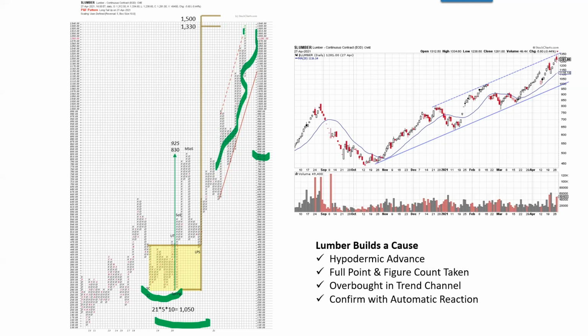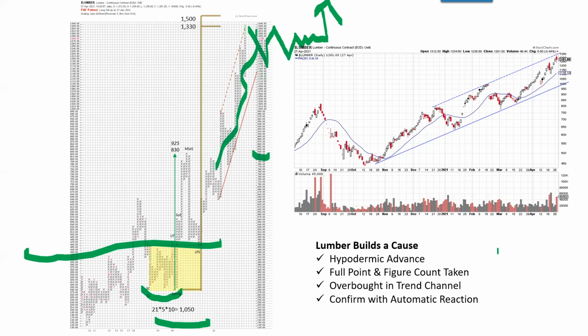Well, it might go down a little bit, but because we know we have a much bigger structure over here, it's possible that lumber will go into maybe a reaccumulation structure for another move up. And so we will be watching for that, but don't be surprised if lumber, now that it's in the range of this objective, is able to pull back down to the bottom of this channel.